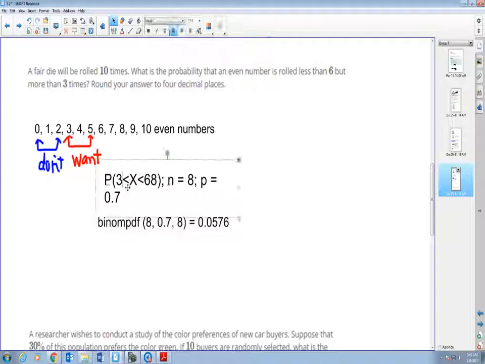Okay, greater than or equal to 3 but less than 6. So if I write out the inequality, this is what it will look like. I know my number of trials is 10. Probability of success has got to be 0.5, because when you roll a die, you're either going to get even or odd numbers.